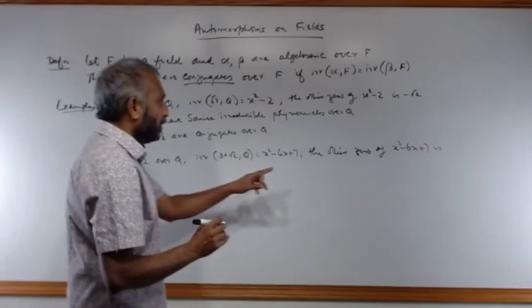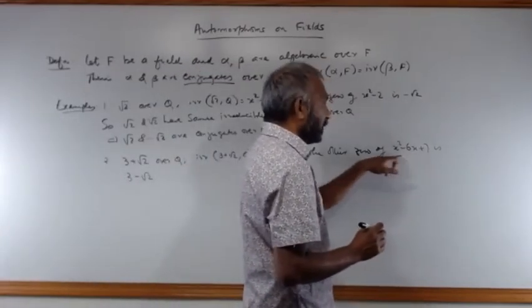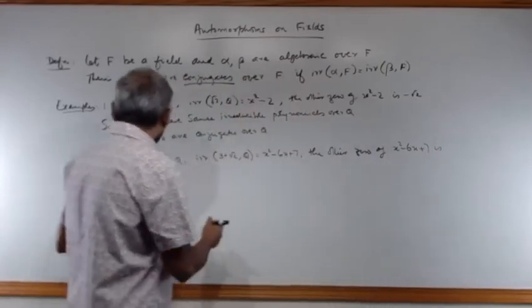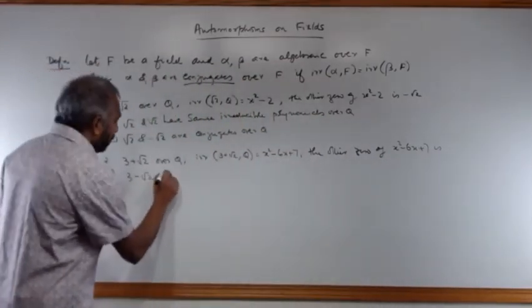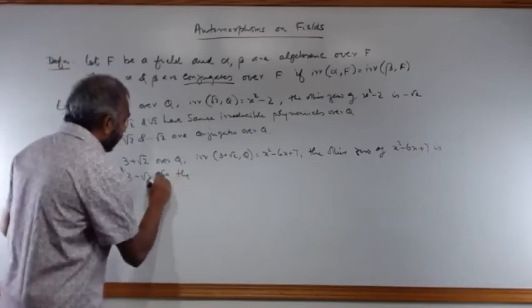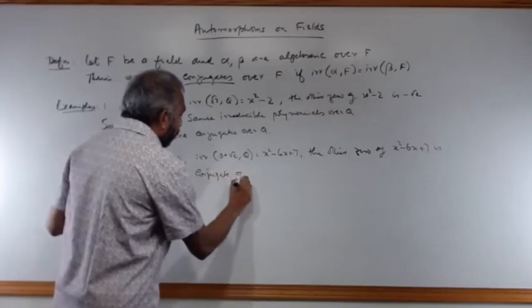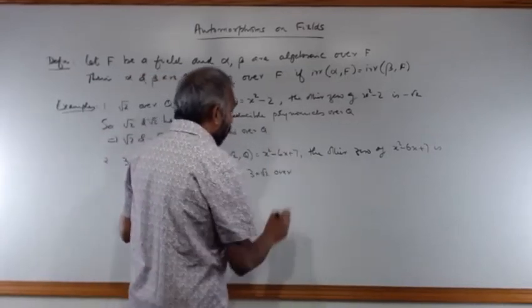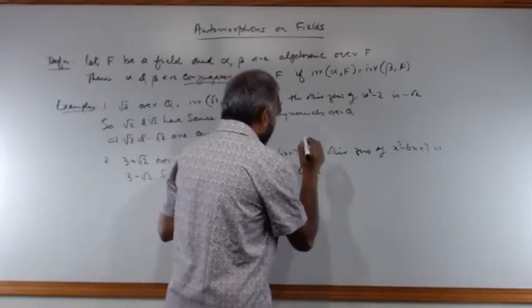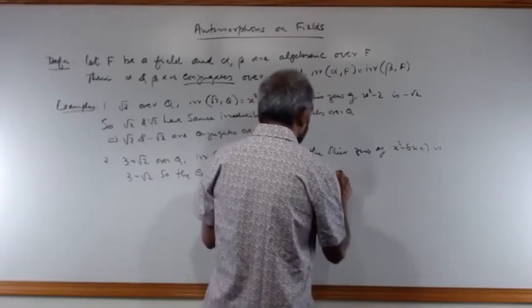You can find it out from here, minus b plus or minus root of b square minus 4ac divided by 2a. So that is actually 3 minus root 2. So the conjugate of 3 plus root 2 over Q is 3 minus root 2.